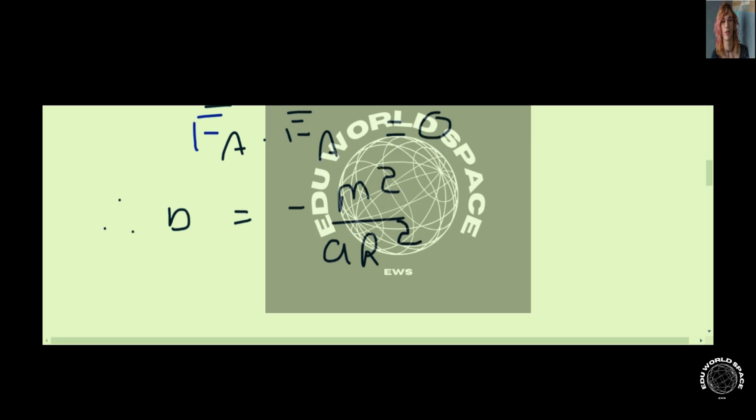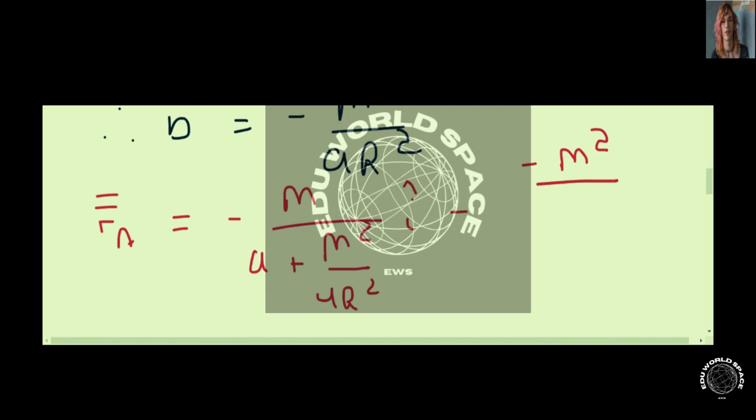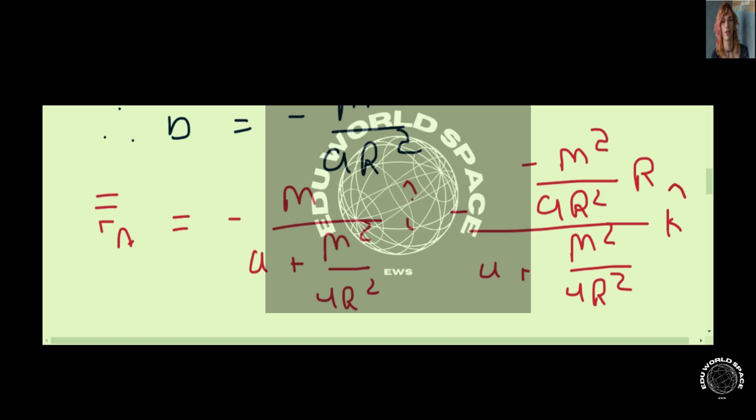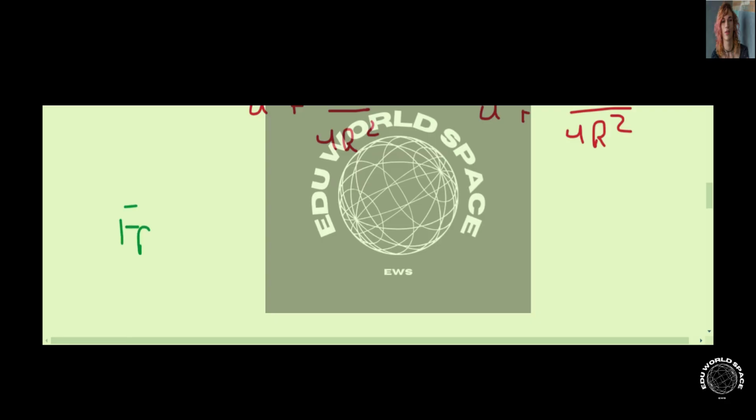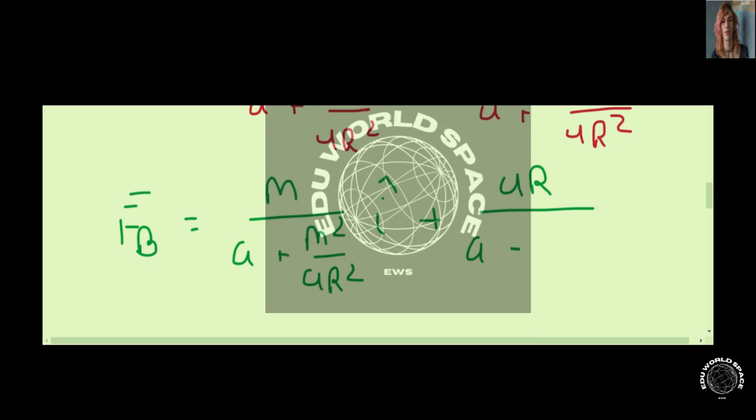If we return this into the force equation, we get Fa is equal to minus M upon a plus M squared upon a·R squared i minus M squared upon a·R squared times R upon a plus M squared upon a·R squared k, and Fb is equal to M upon a plus M squared upon a·R squared i plus a·R upon a plus M squared upon a·R squared k.